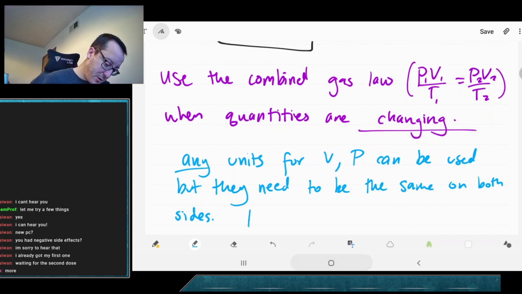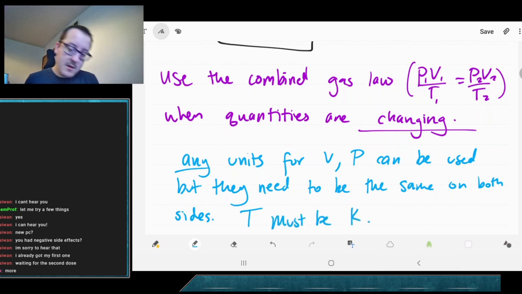Notice temperature must be Kelvin. You must use temperature in Kelvin.